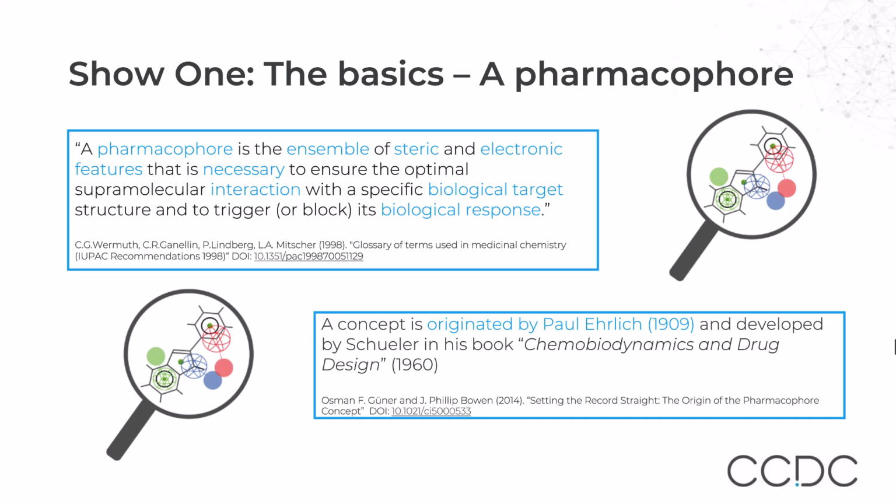understand what a pharmacophore is. There are still some debates around the origin of this concept, but the consensus is that the pharmacophore phenomenon was originated by Paul Ehrlich in 1909 and was developed by Schueler in his book Chemobiodynamics and Drug Design. And if you want to get more familiar with the debates around the origin of the pharmacophore concept, feel free to read a very interesting paper by Güner and Bowen from 2014.